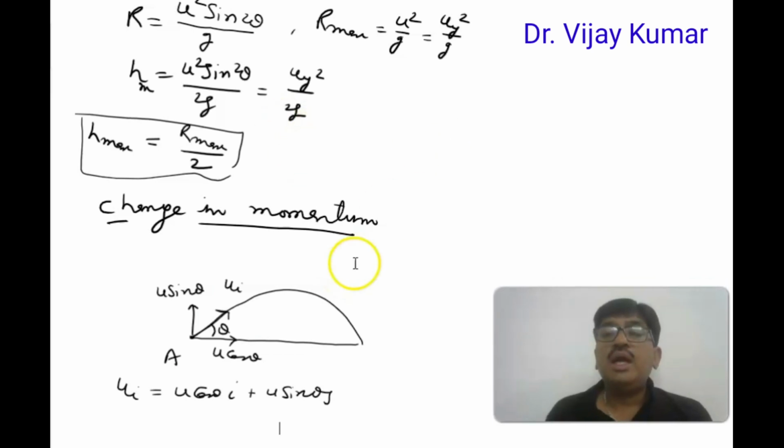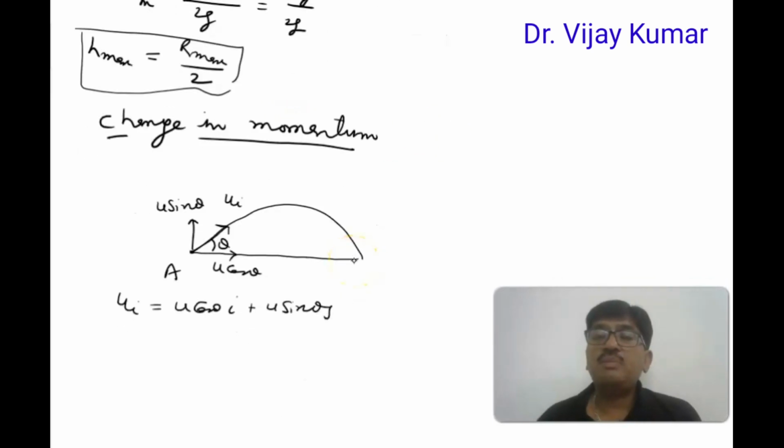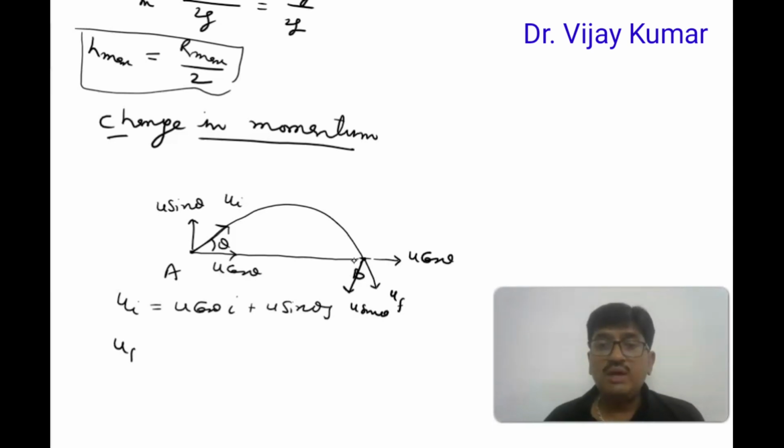Okay, and at this final point B, this is the final velocity, and the components again are u cos theta and u sin theta, but in the opposite direction. So uf is u cos theta i minus u sin theta j.